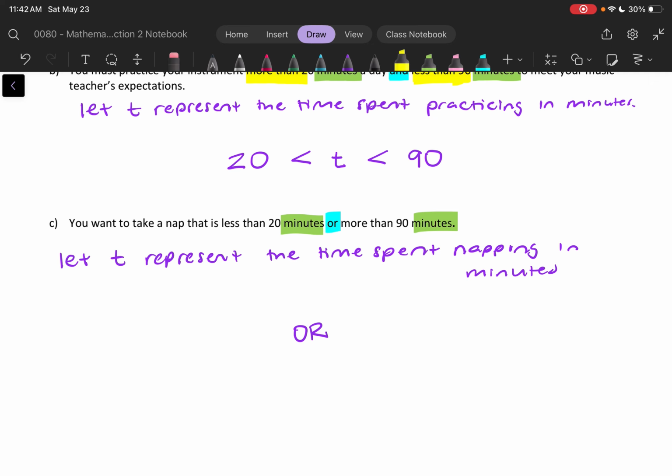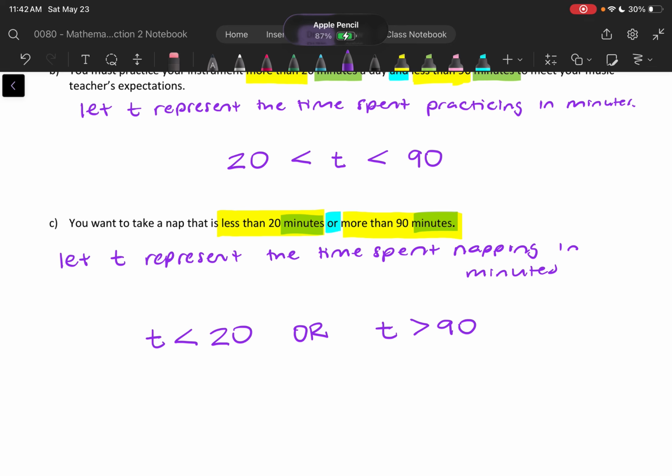So I'm going to write an inequality that says less than 20 minutes. So the time T spent napping is less than 20 minutes. And the other inequality is the time spent napping is more than 90 minutes. So T is greater than 90.